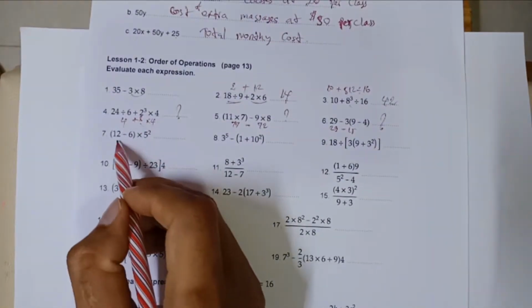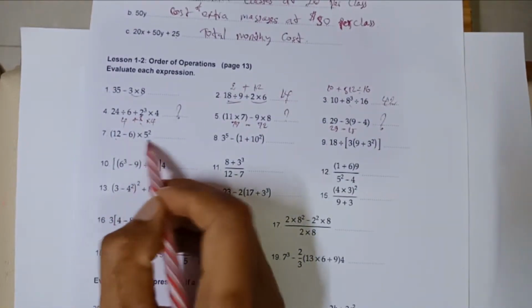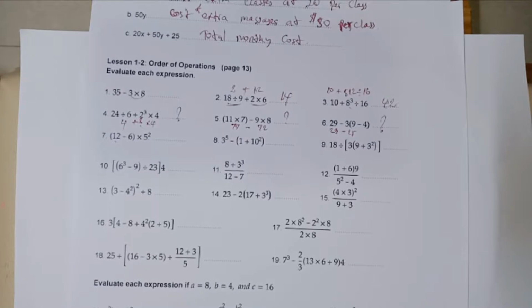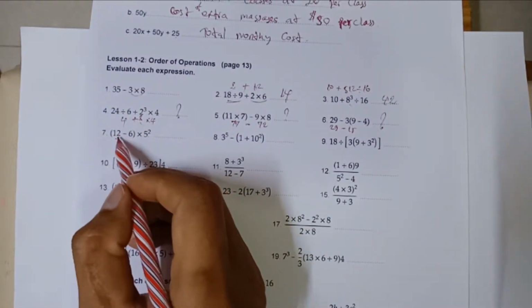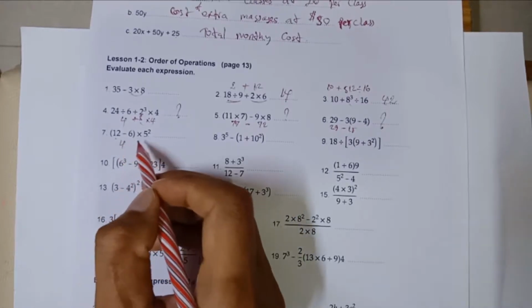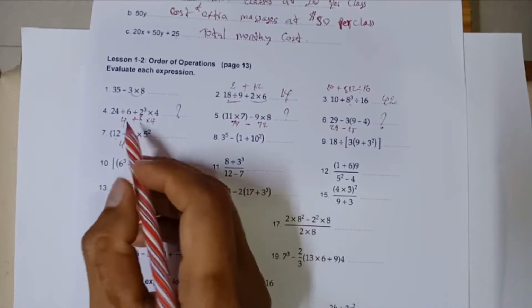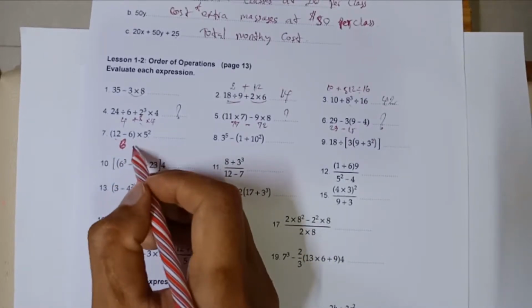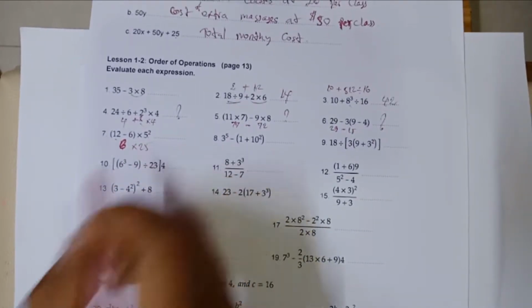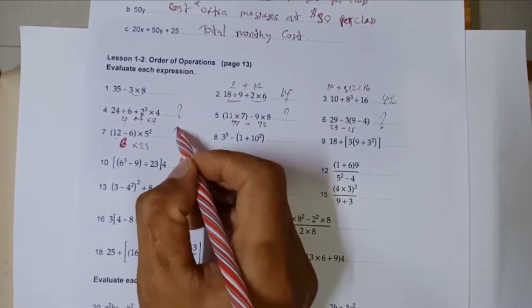This number, you work within this one, and then you work within this and multiply together. 12 minus 6, you have 6. Sorry, my mistake, I'm sorry for that. And then multiply by this 25. Multiply together, you find your answer.